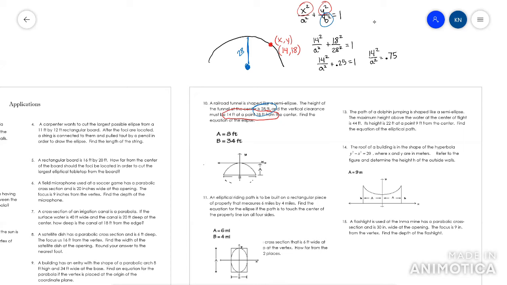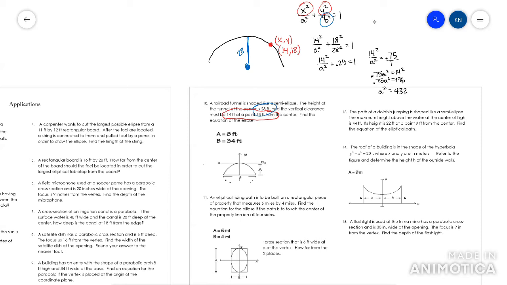And so now you can basically cross multiply this. 14 squared is 196. And then I would be dividing by 0.75. So I'd get a squared equals 432.